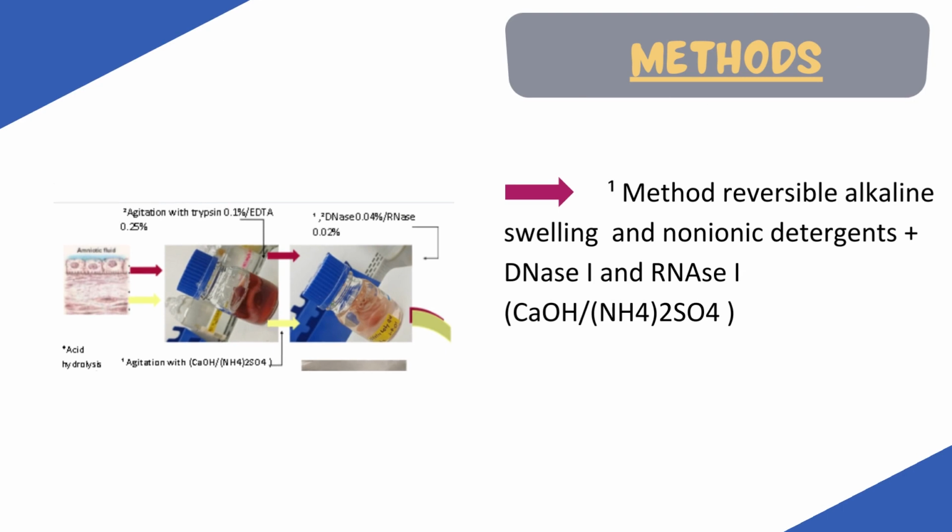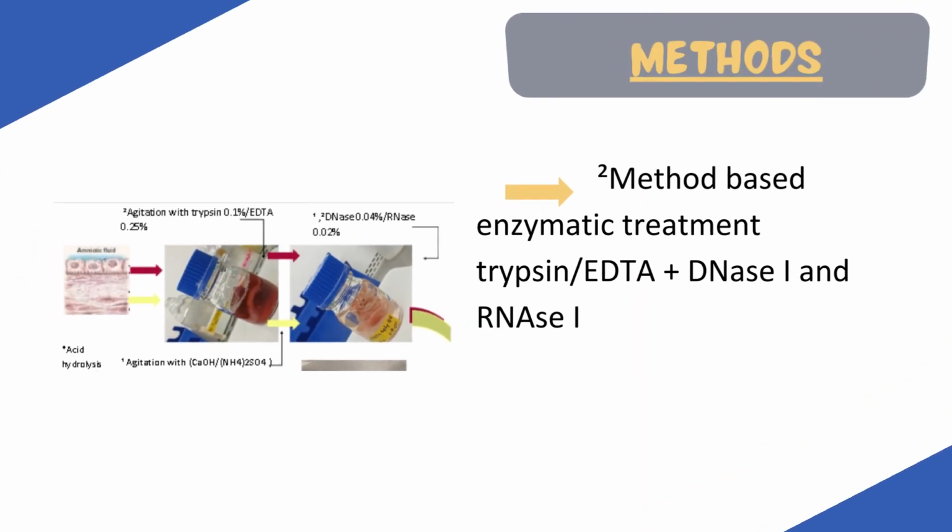At the end of this stage, an enzymatic treatment is carried out with 0.04% and 0.02% DNase and RNase respectively for 2 hours under constant agitation at 37 degrees Celsius. The second method is made in two stages.